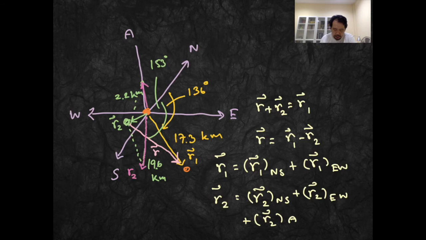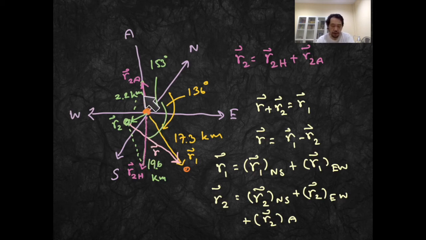This is a vector R2 horizontal, and this is a vector R2A. And we have vector R2 is equal to the vector R2 horizontal plus the vector R2A.